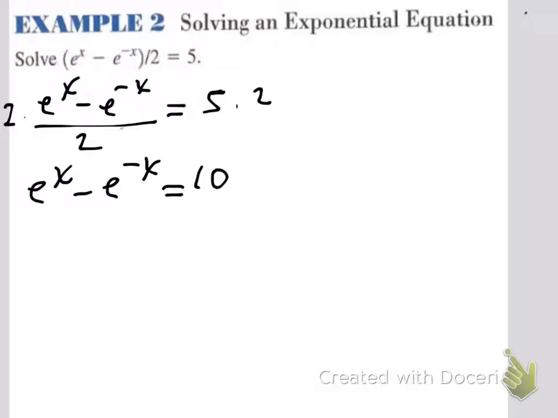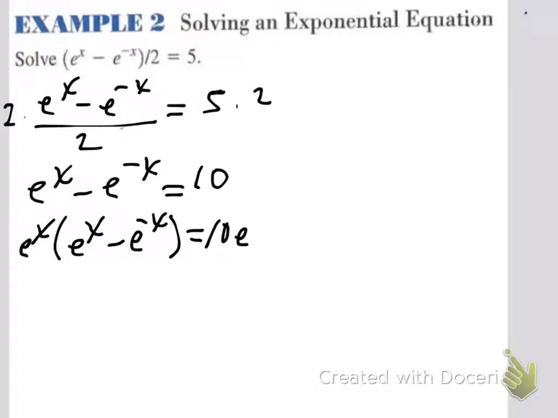Okay, there's going to be 2 tricks that we're going to use in order to solve this. Alright, and so you want to pay attention here. The first trick is we're going to multiply both sides by e to the x. So we're going to have e to the x times e to the x minus e to the negative x equaling 10 times e to the x.